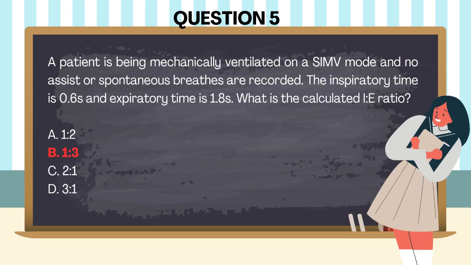To find the I:E ratio given the I time and E time, divide both sides of the ratio by the inspiratory time, which is 0.6. So if you divide 0.6 by itself, it is equal to 1. And if you divide 1.8 by 0.6, it is 3. So the correct answer is 1:3.